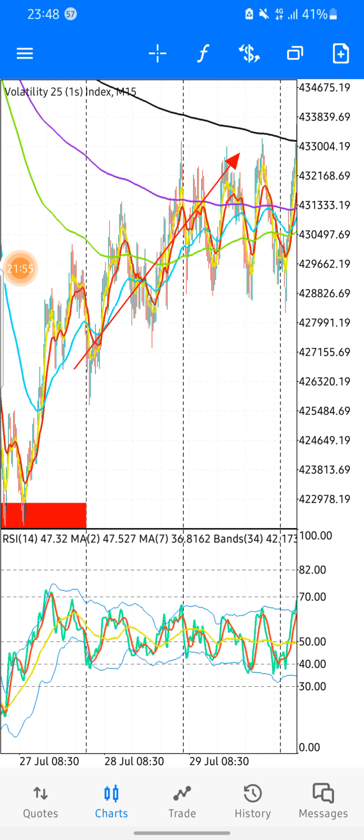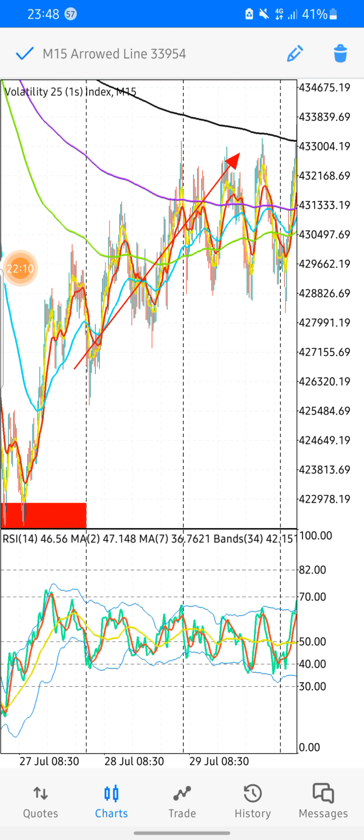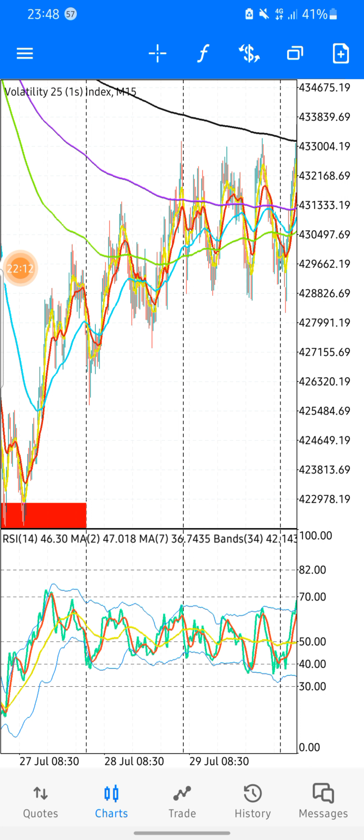Okay, so now we want to talk about the TDI, which is our trader dynamic index, right? On our TDI, we said we want to see the price line crossing over our trader signal line.